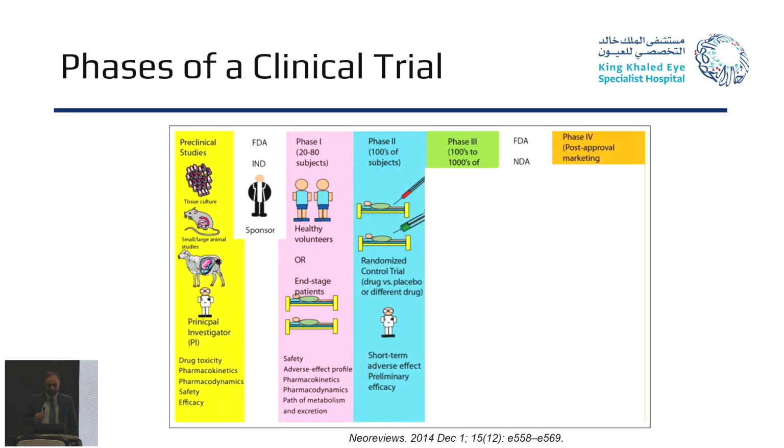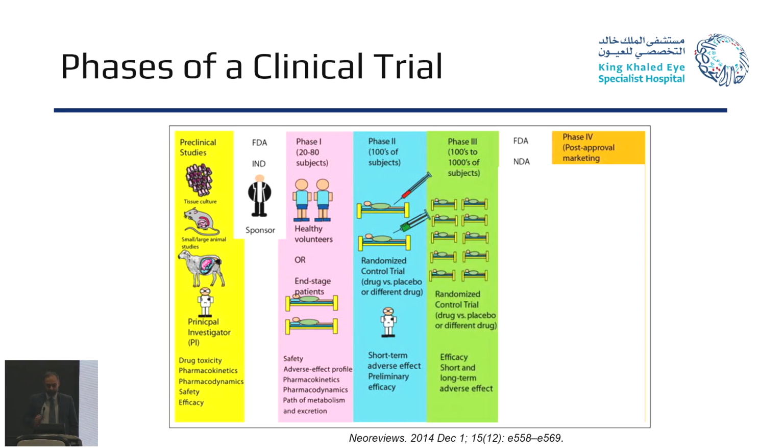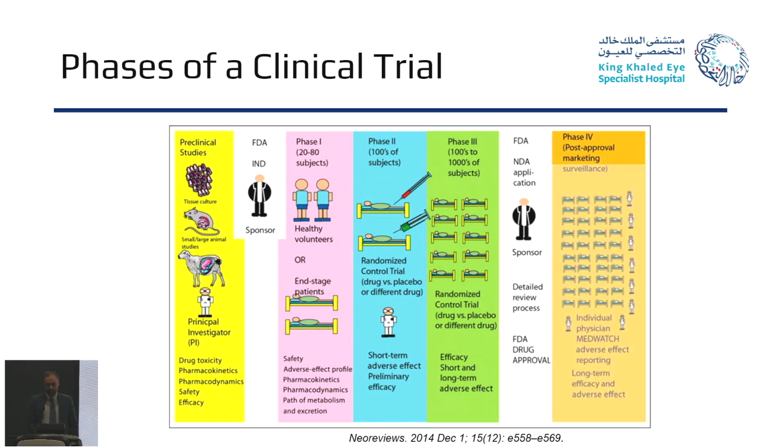Phase 2 trials are usually randomized controlled trials with a placebo and test adverse effects and efficacy. And phase 3 trials involve hundreds to thousands of participants, which are usually large RCTs of efficacy in a larger number of people. After FDA approval, we then go on to post-marketing trials.